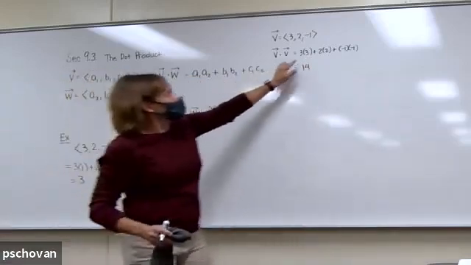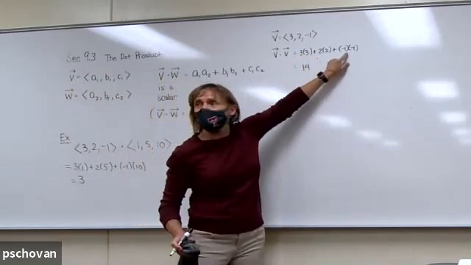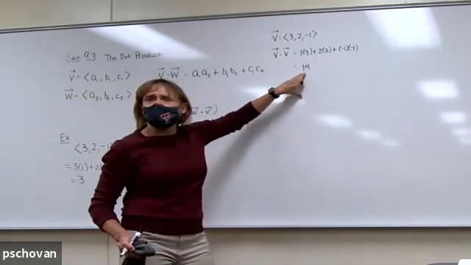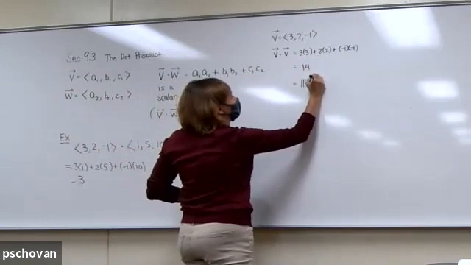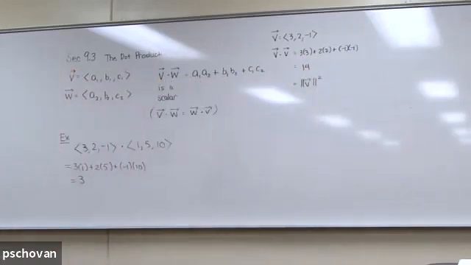So it's the same as doing the first component squared plus the second component squared plus the third component squared. So this is the same thing as the magnitude squared. So there's your next fact about the dot product. The dot product between a vector and itself is the same as the square of the magnitude.